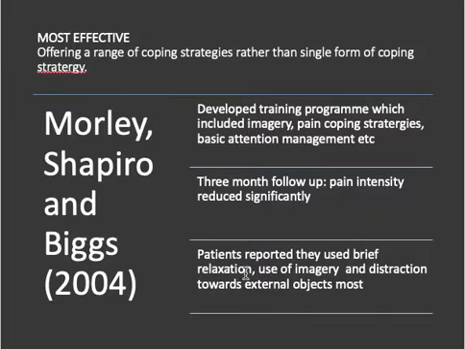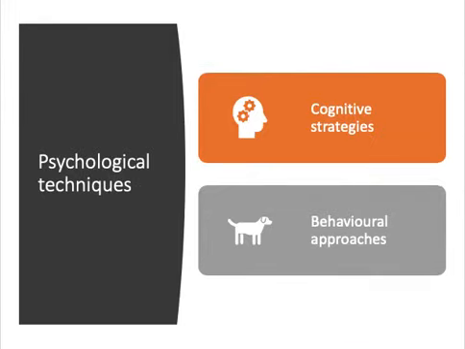Brief relaxation is basically taking a deep breath, doing some meditation. They also use imagery. They can combine these, so when they're taking a deep breath they are imagining something else. As well as distraction, when they are not doing anything, they just do something that they enjoy. Okay, so that's cognitive strategies, which is under psychological techniques.